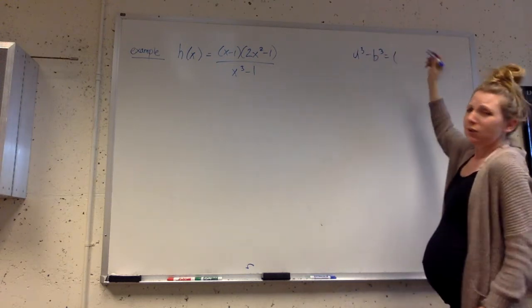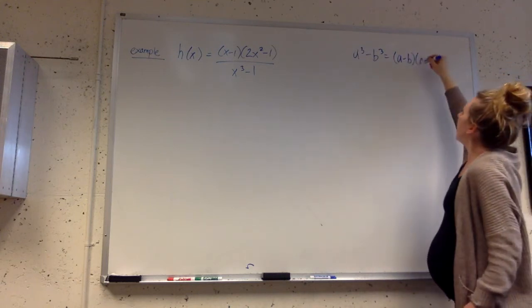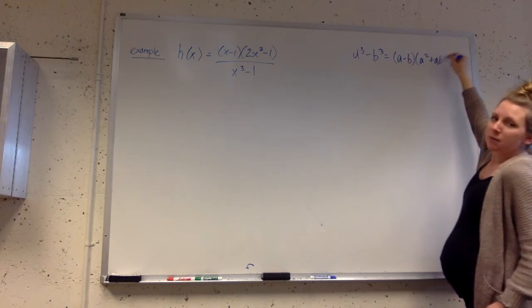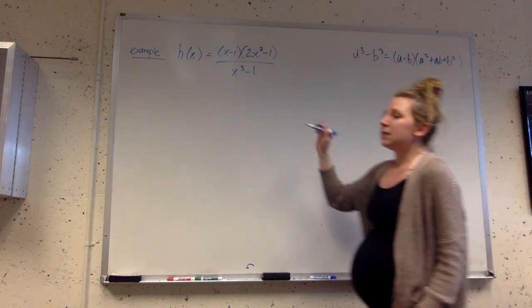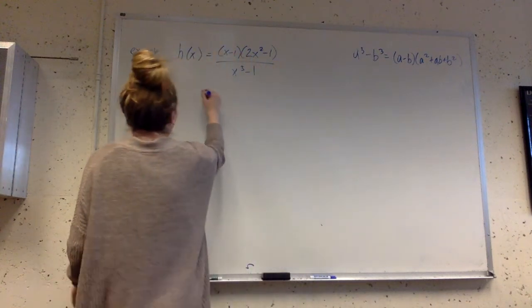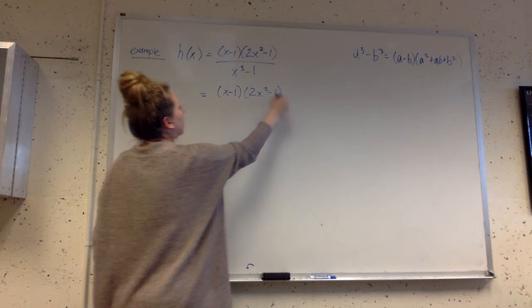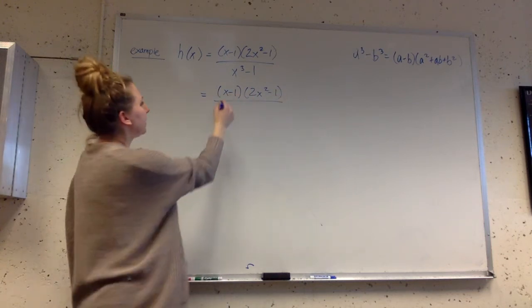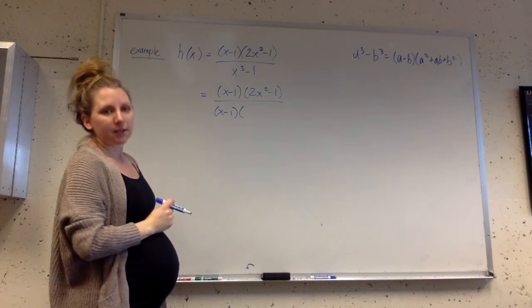That factors into a minus b times a squared plus ab plus b squared. Okay, so that means that we can factor the denominator into x minus 1 times the quantity x squared plus x plus 1.